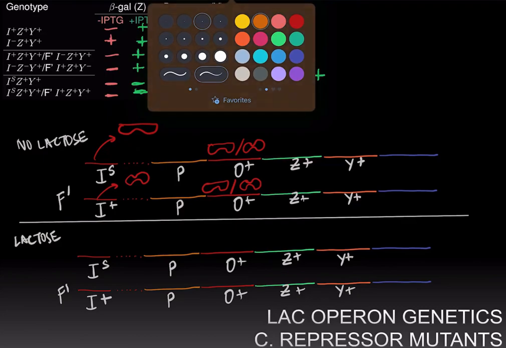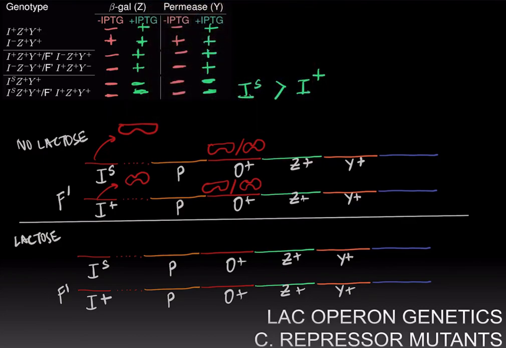It doesn't matter which one binds, or both take turns binding. Either way, they will prevent the polymerase from binding to the promoter and transcribing, and that's what will result in no expression in the condition when you don't have lactose or IPTG.